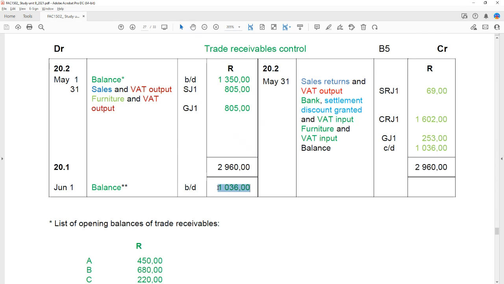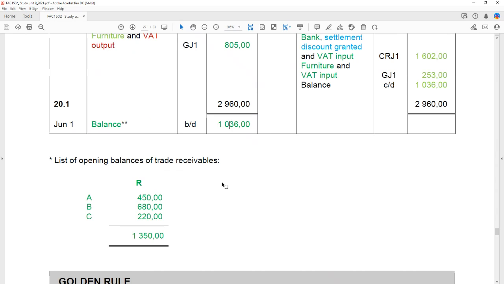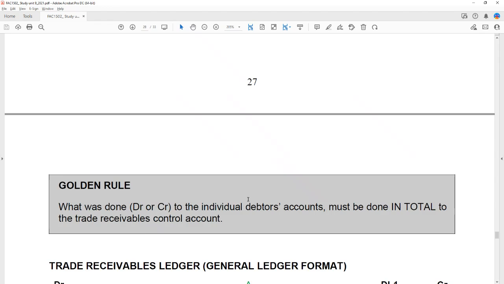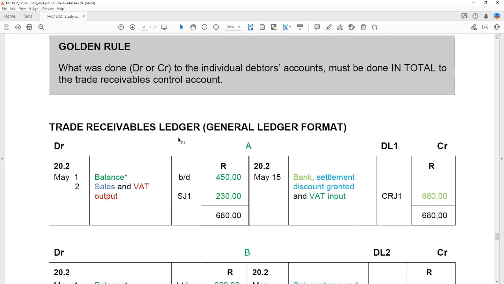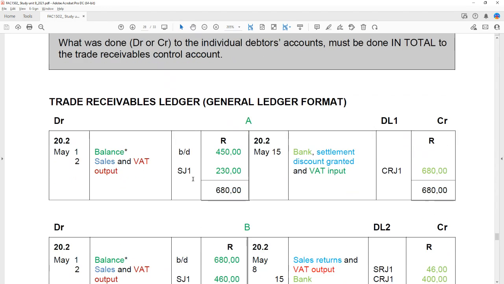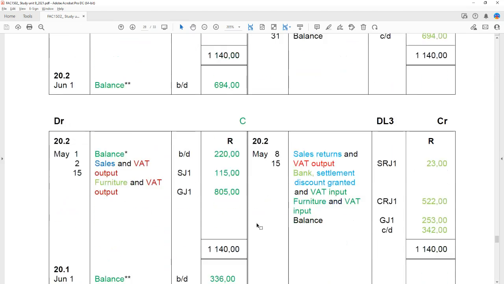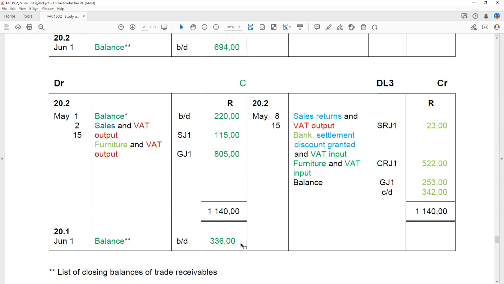So then I know everything is in place, because here I have only the totals, and when I only work with the totals, I get a balance of 1036. Then I must go and check my debtors accounts where I have the detail, where every entry is recorded. When I checked my trade receivables ledger, I saw that A owes nothing, B owes 694, and C owes me 342.